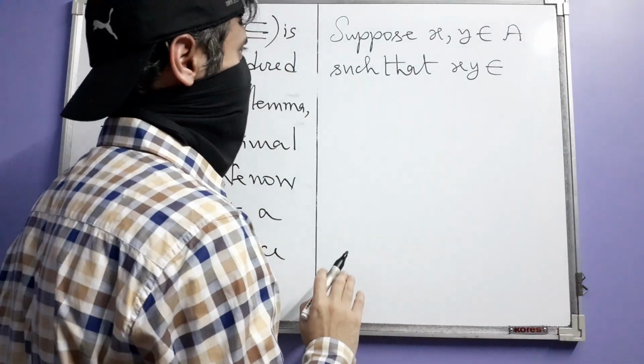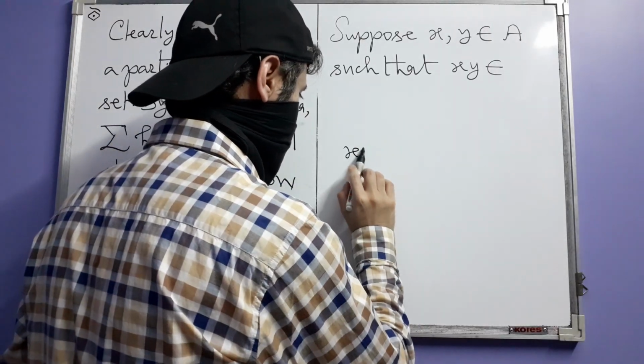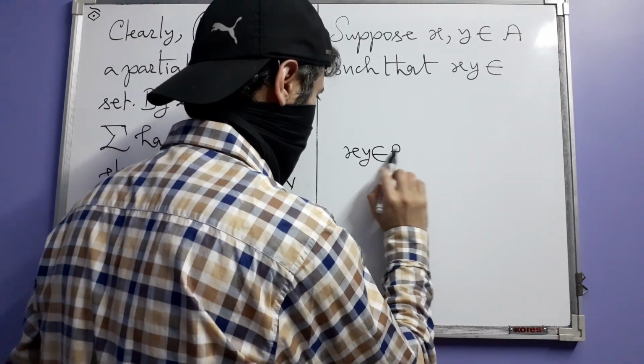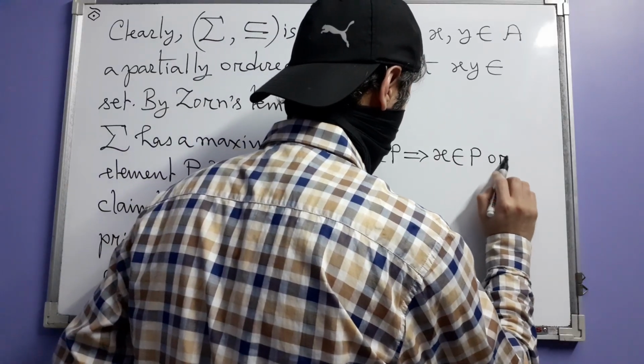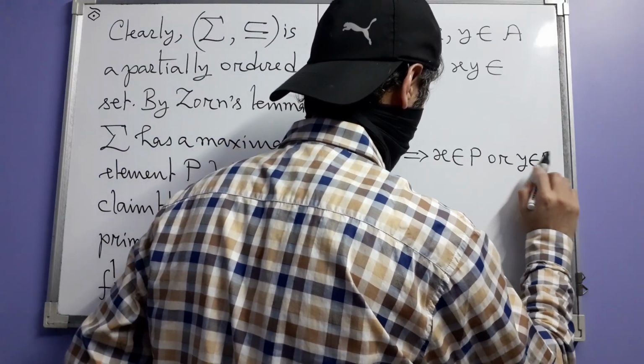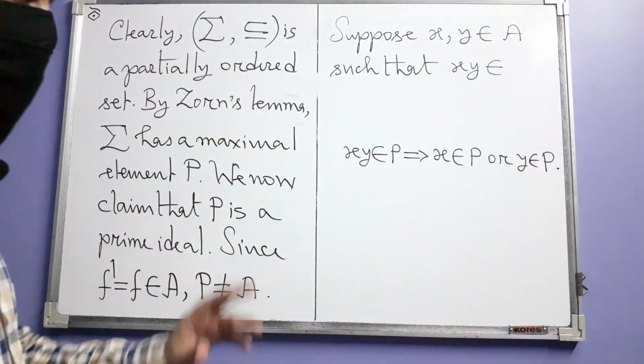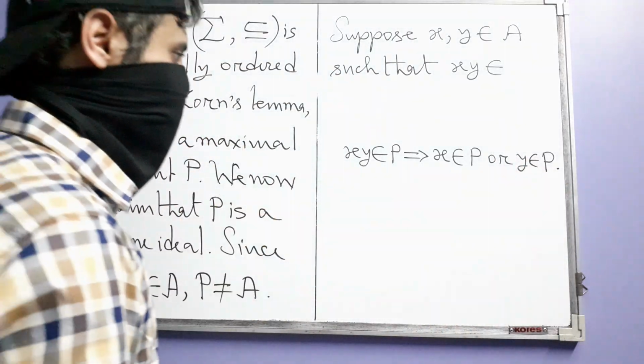What does primality require? Primality requires this. X belongs to P or Y belongs to P. What is its contrapositive?